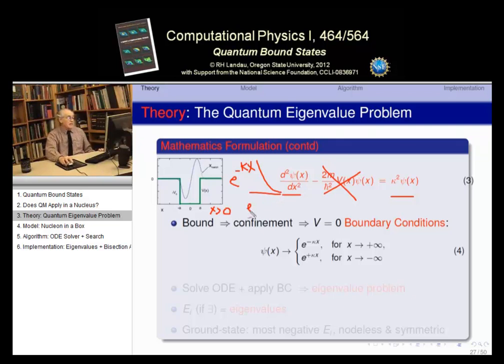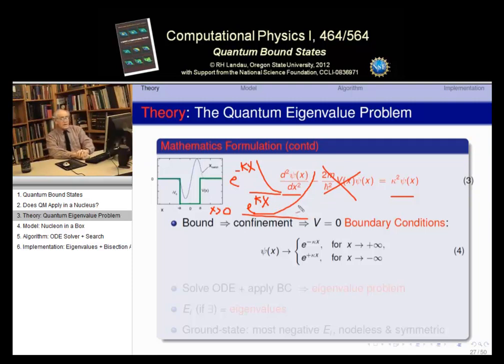If we had e to the plus kappa x, that would grow in space. It might start off small, but then as we get further away, we get larger and larger. That's not a confined bound state.